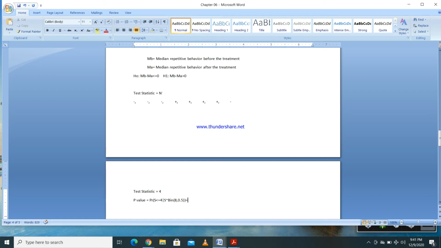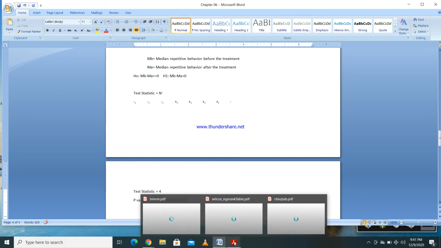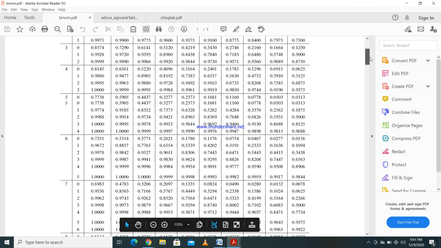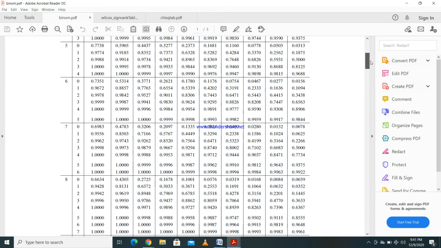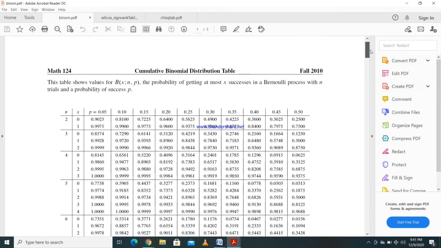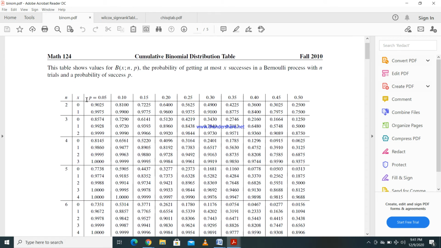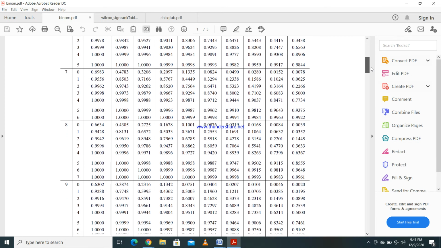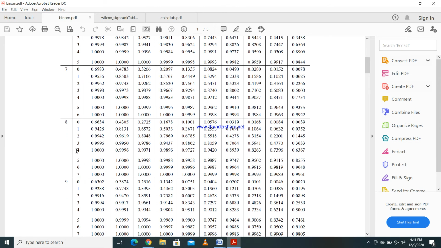Now we have to read this from the binomial table. So we take the binomial table here. Our sample size is 8, so I'm going to read 8. You can see 0.5 here, the probability of a success. Our S-naught value is 4.